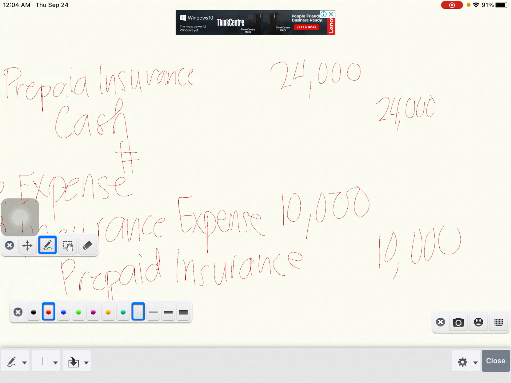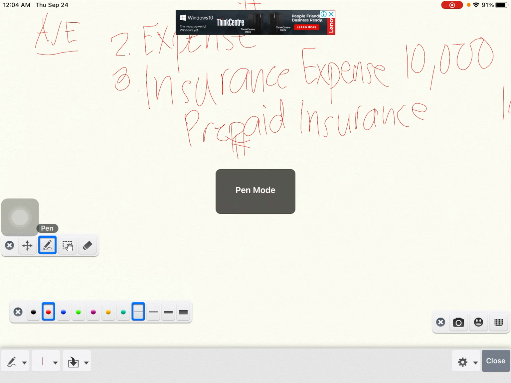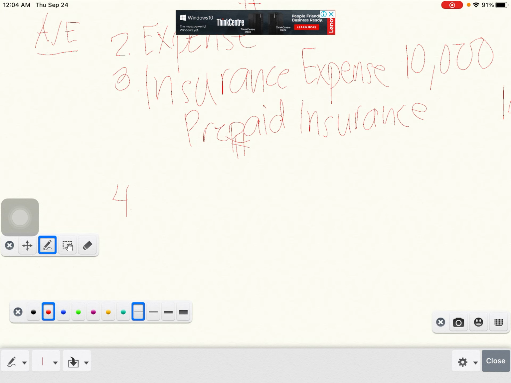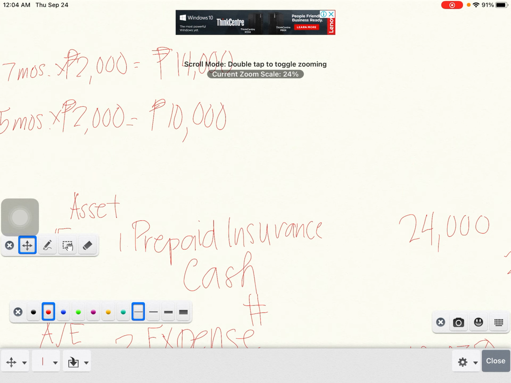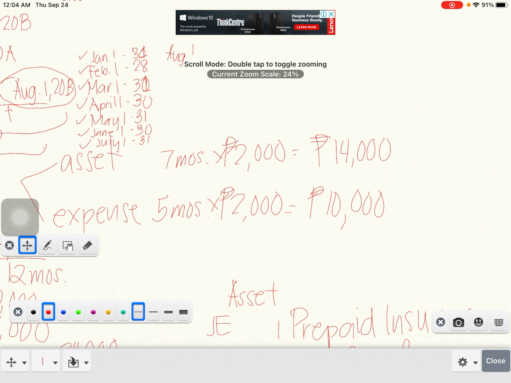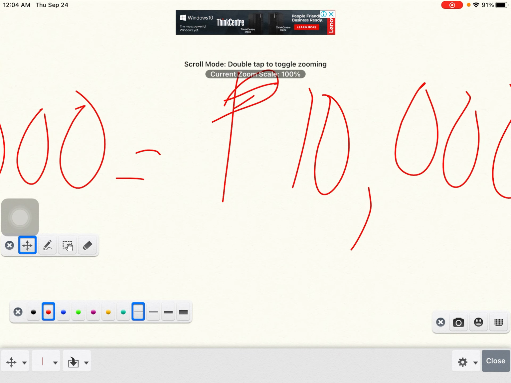Because this 10,000 is for our expense. Number 4, are you increasing or decreasing your prepaid insurance? So what we are doing is we are decreasing. Again, it's overstated. How much is the overstatement? Our overstatement is good for 10,000 because this 10,000 supposedly is for the expense.